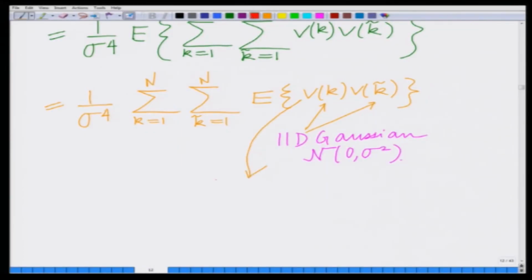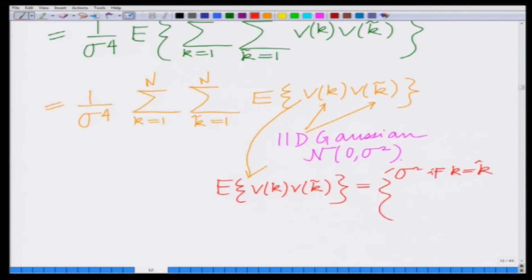Since they are independent, the expected value of Vk Vk tilde is sigma square if k equals k tilde and 0 if k is not equal to k tilde, which means it is sigma square delta of k minus k tilde, the discrete delta.